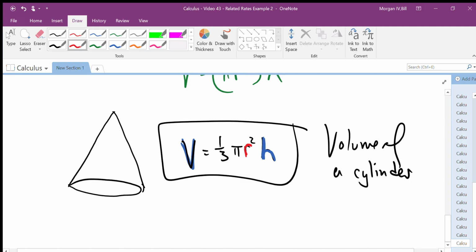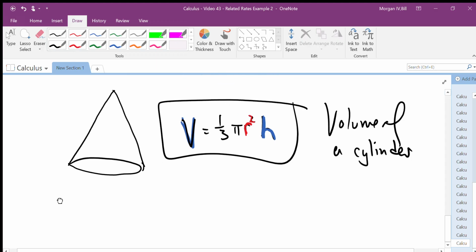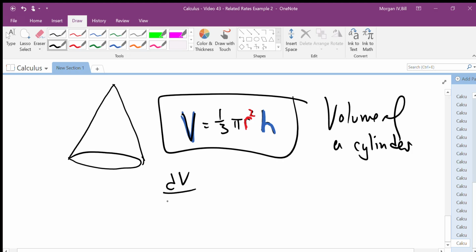Here's the problem. If you took the derivative right now, you're going to have to do a product rule. You have not only R squared, but even if you just had R, you'll have a product rule. When you do so, I'll go ahead and take the derivative. You have dV/dt, so this is not right. dV/dt is equal to 1/3 pi, that's just a number. In fact, you can put it as pi over 3 if you want.